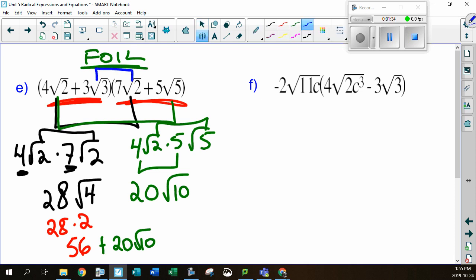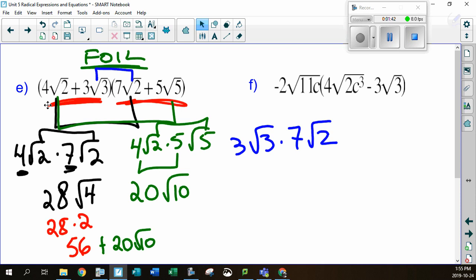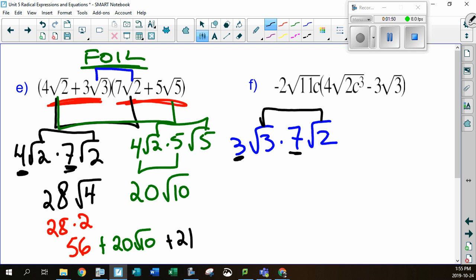That would be 3 root 3 times 7 root 2. 3 times 7 works out to be 21, and root 3 times root 2 is root 6. Perfect.